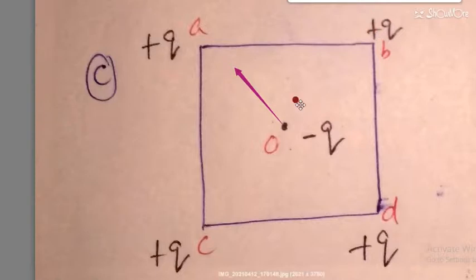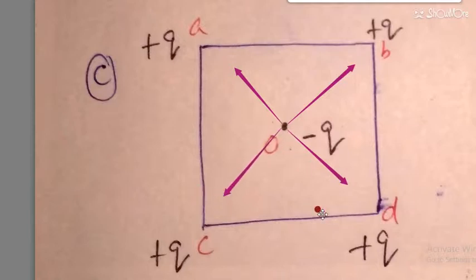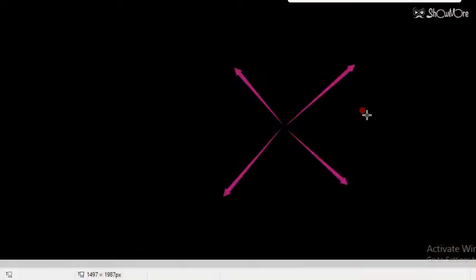This positive will also attract this negative with the same force, because this is also positive q, and this is also positive q, so this will also attract the central charge. Now all the 4 forces are equal in magnitude but opposite in direction.